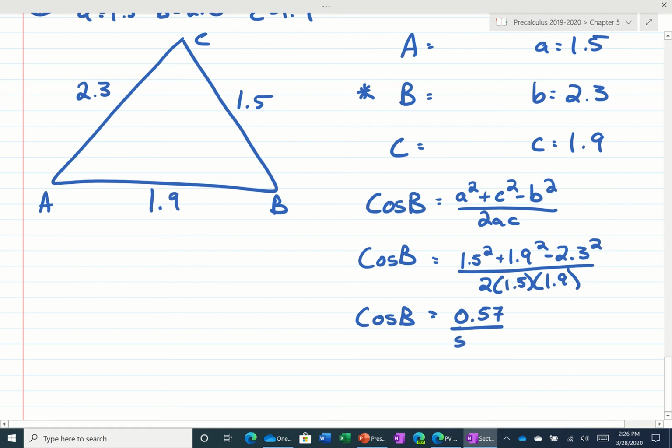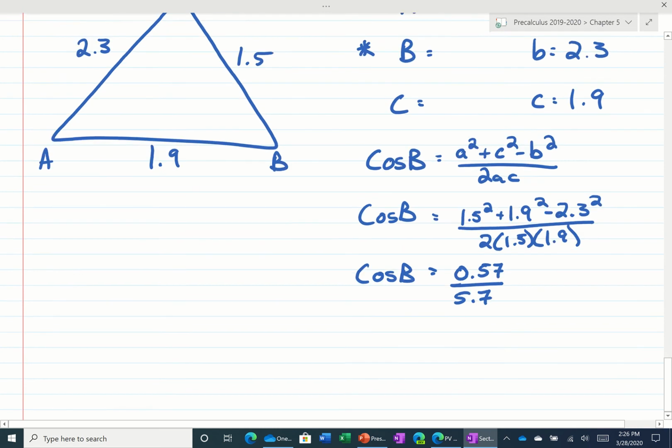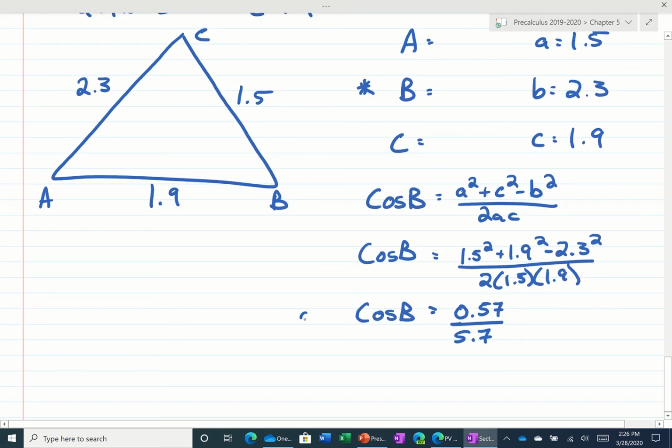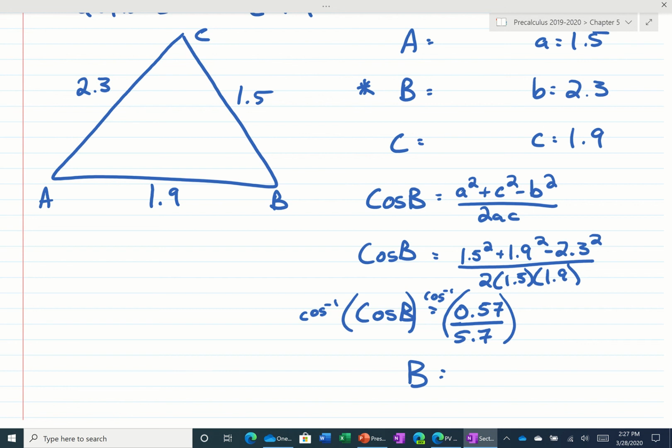On the bottom, it's going to be 5.7. So we want to get angle B. If we take the inverse cosine of both sides, we get that angle B is inverse cosine of 0.57 divided by 5.7. My calculator is telling me it's 84.3 degrees.